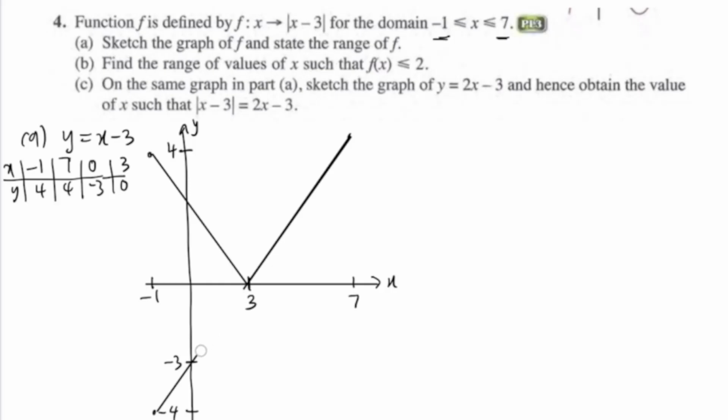You can change it to a dotted line if you want, or you can just erase it. Once it's reflected up, it's gone. Now this is the graph of y equals modulus x minus 3. The -3, when you reflect up, becomes positive 3 over here. So there you go, that's the graph of y equals modulus x minus 3, or the graph of f(x).